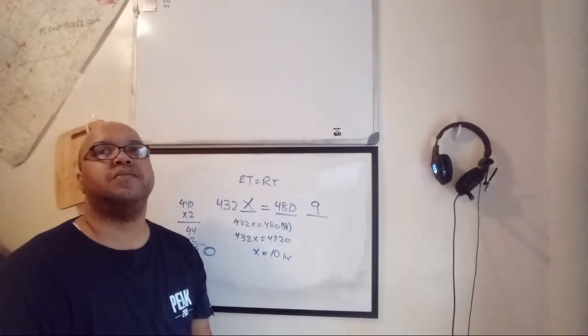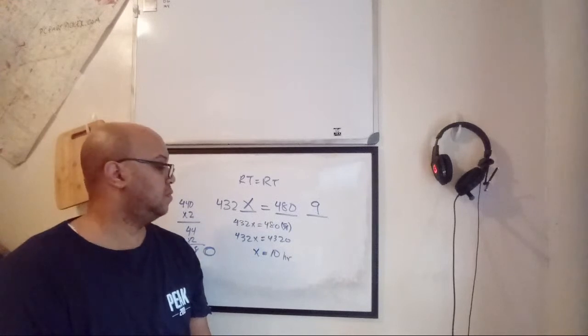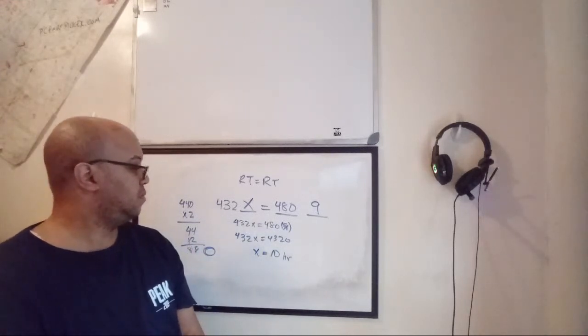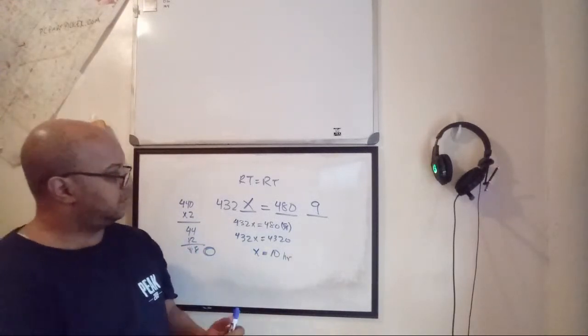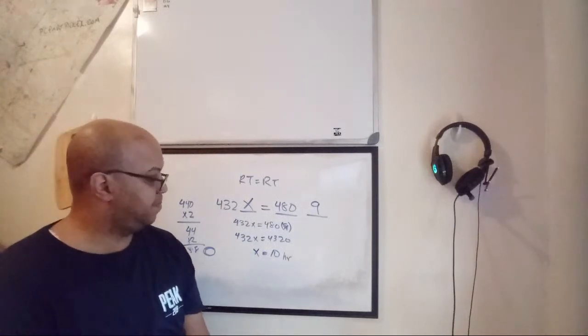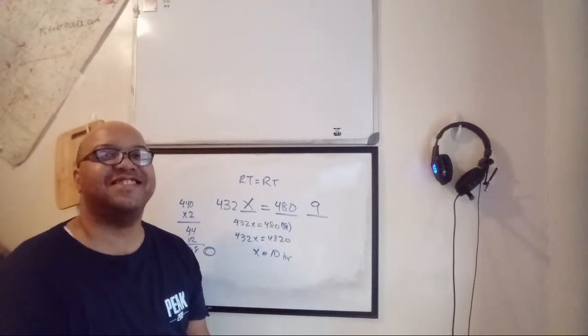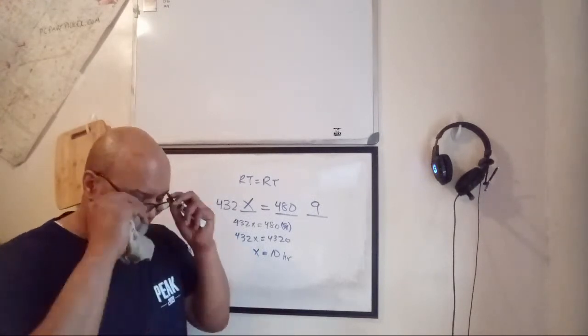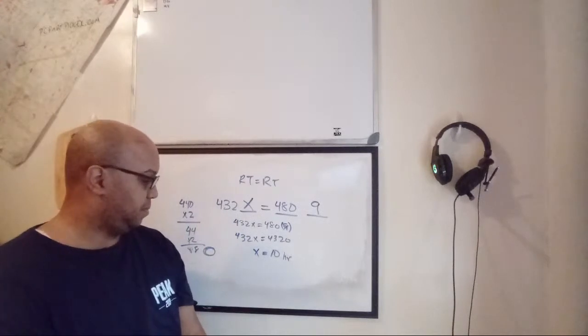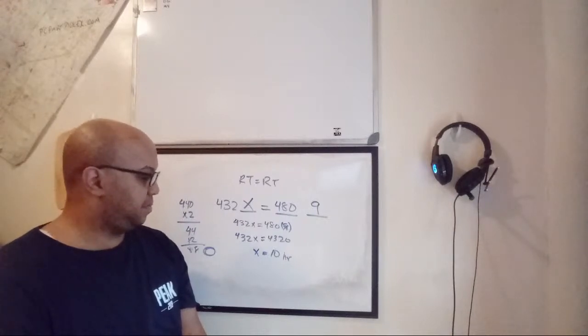And then you get rid of the zero for 480, and then you do 480 times 9, which came to 4,320. And you mentioned that we had to multiply 432 times 10 to equal 4,320, right? Yes, sir. Okay.